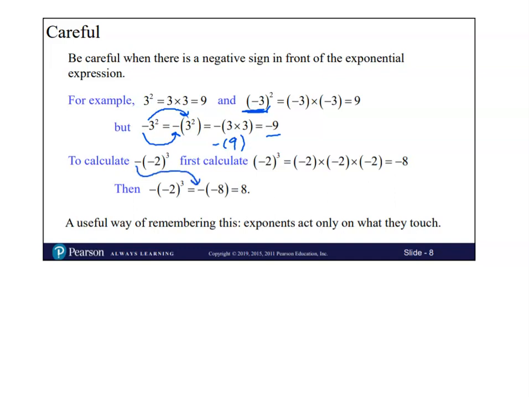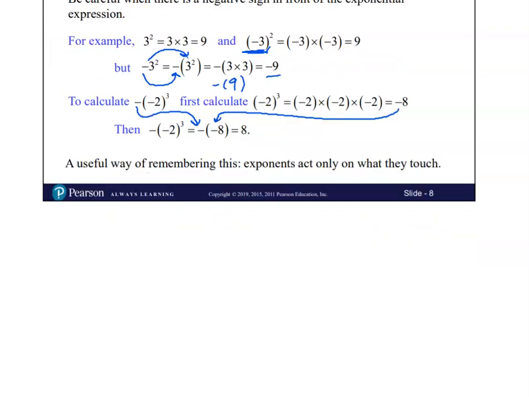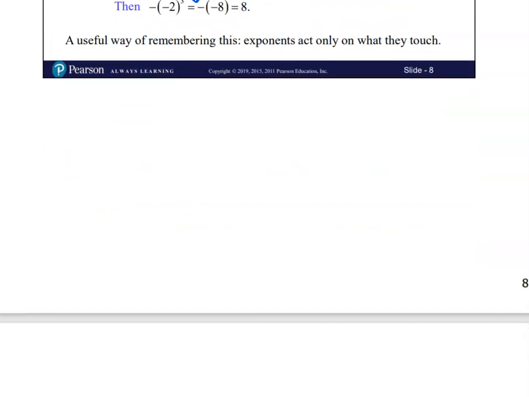They took negative 2 to the third, negative 2 times negative 2 times negative 2, and got negative 8, which is what we have right here. And then they've got negative times negative, which is a positive 8. A useful way of remembering this: exponents act only on what they touch. So if it's inside the parentheses, that's what you're going to consider.